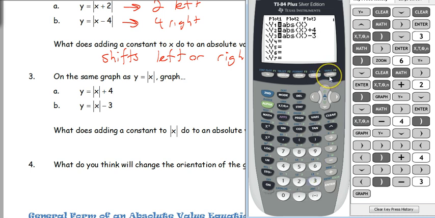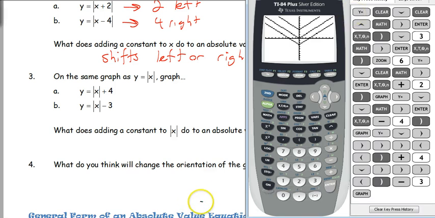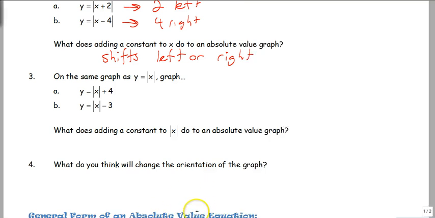So if we look at these: original, adding 4, and subtracting 3. Now these are our vertical shifts, and you'll notice that the vertical shifts are the same sign as what you would think. This is up 4, this is down 3.